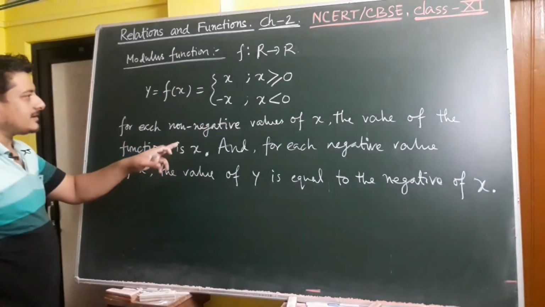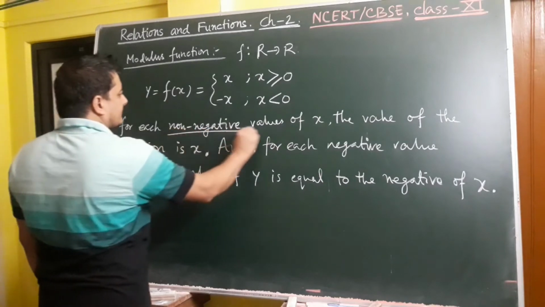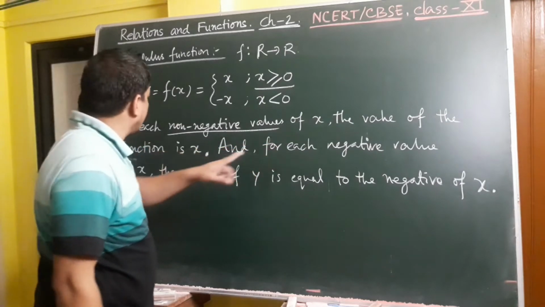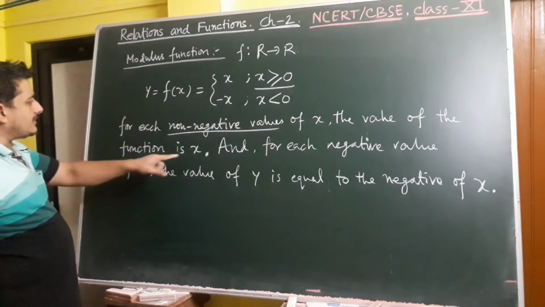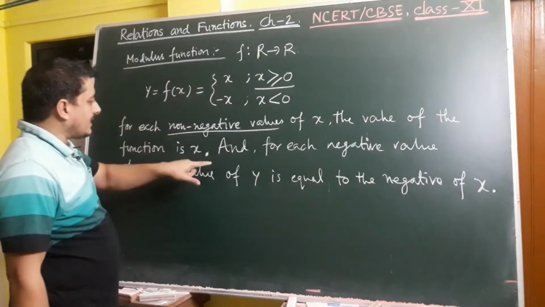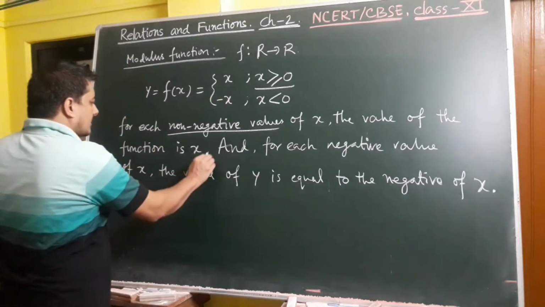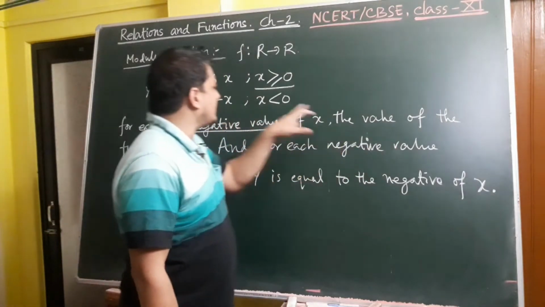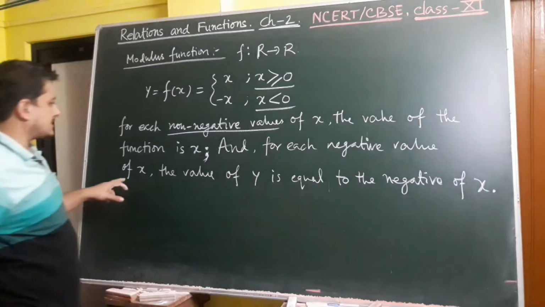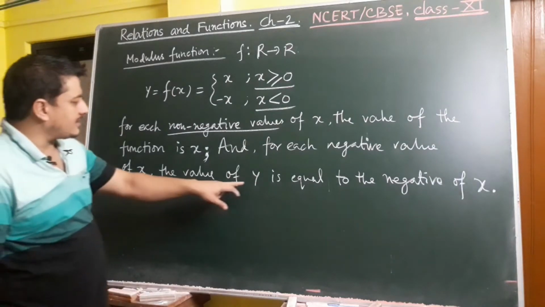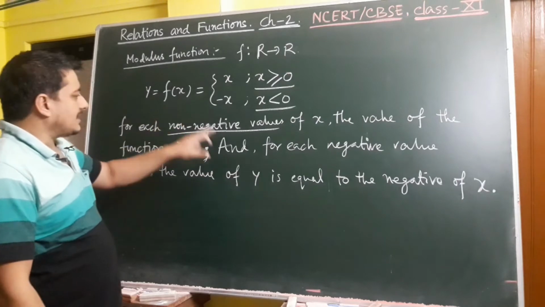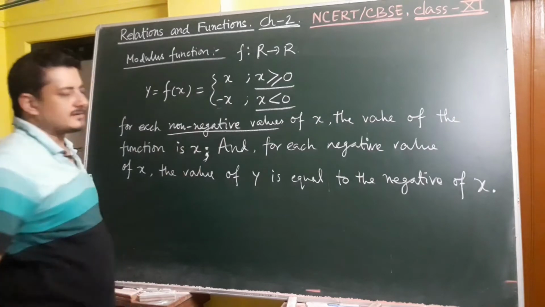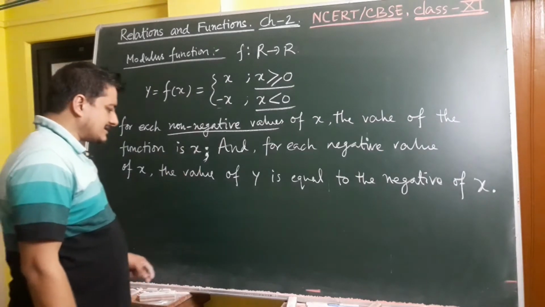So what is written is: for x greater than or equal to 0, the value of the function will be x, and for each negative value of x, the value of y is equal to minus x. Okay, this is the way it is written.